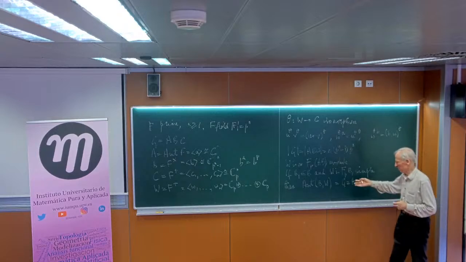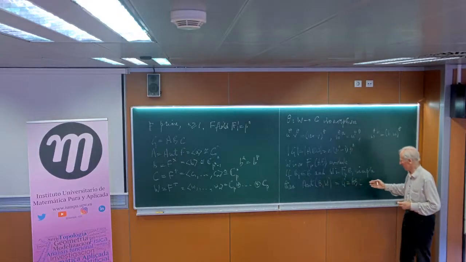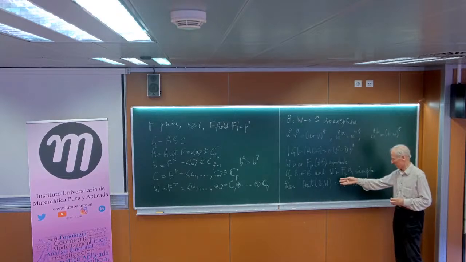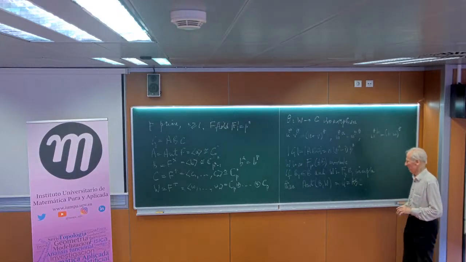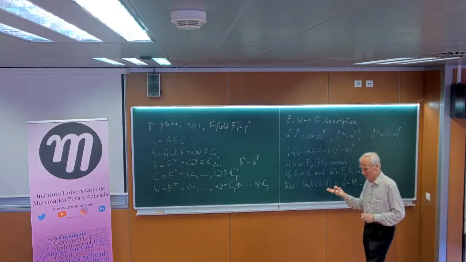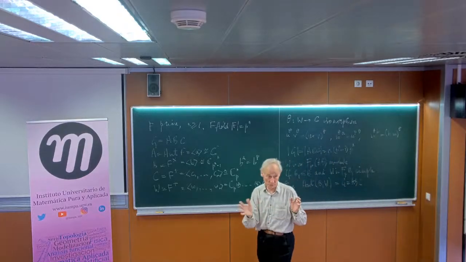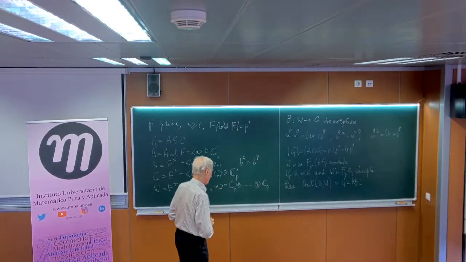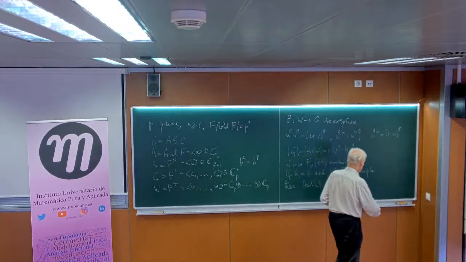Now, I shan't really mention this again, but this is kind of the bottom of some of the things I'm going to say later. But I won't, because I'll be interested later on in automorphism groups of groups.